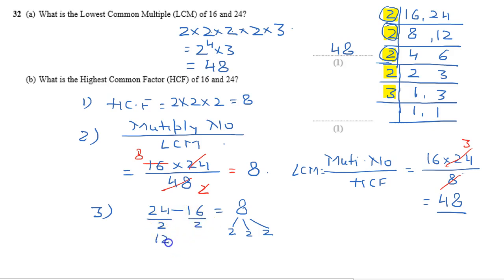So this is 12 and this is 8. Again divided by 2. That is 6 and this is 4. Then again divided by 2. This is 3 and this is 2. Now we cannot divide any further. So 2 multiply 2 multiply 2 will be 8. So I have shown you 3 methods to find HCF.